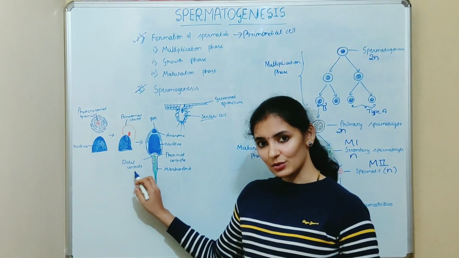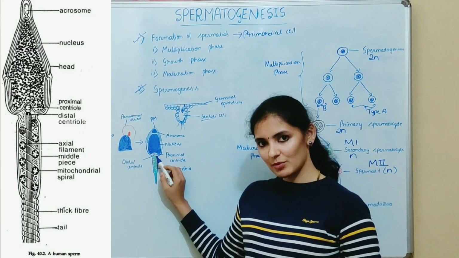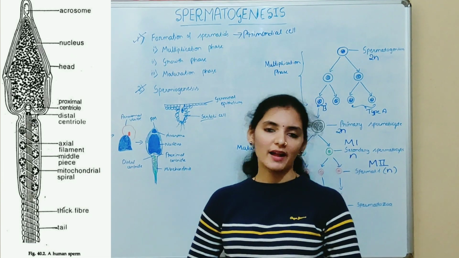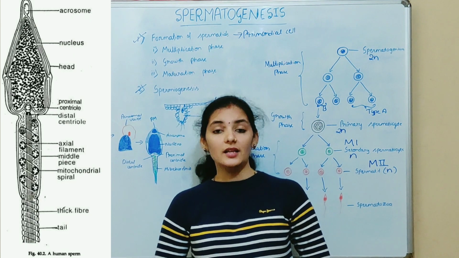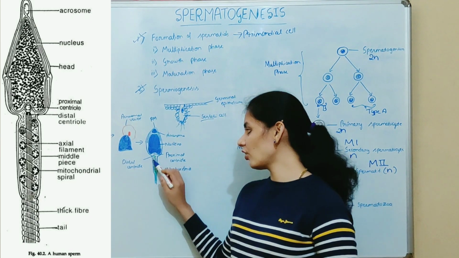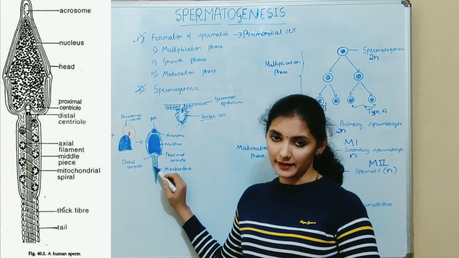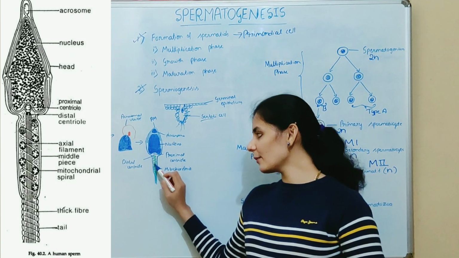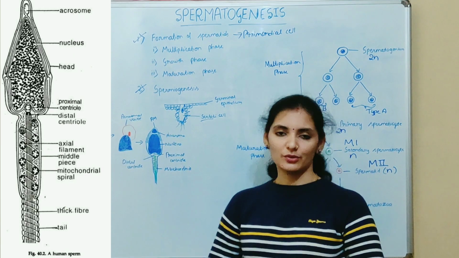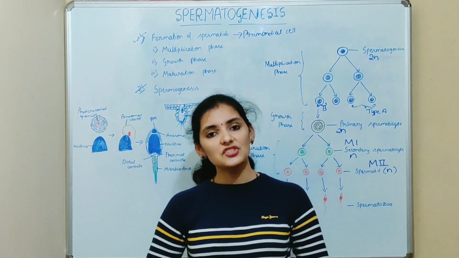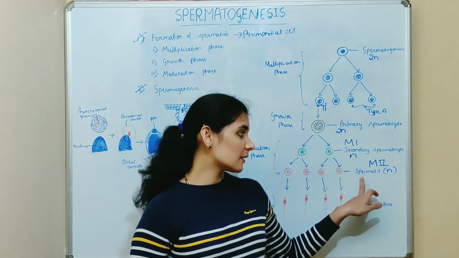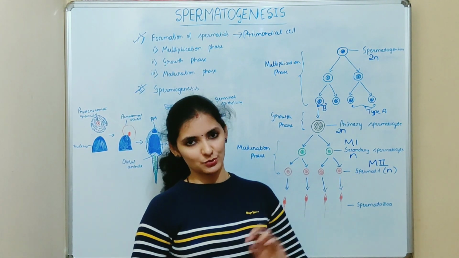The distal centriole changes to form a basal body and this basal body gives rise to the axial filament or flagellum of the sperm. The mitochondria fuse and spirally coil around this axial filament. The mitochondria and the basal portion of the axial filament are present in the mid-piece of the sperm. These are the major changes that take place during spermiogenesis that transform the spermatid into spermatozoa.